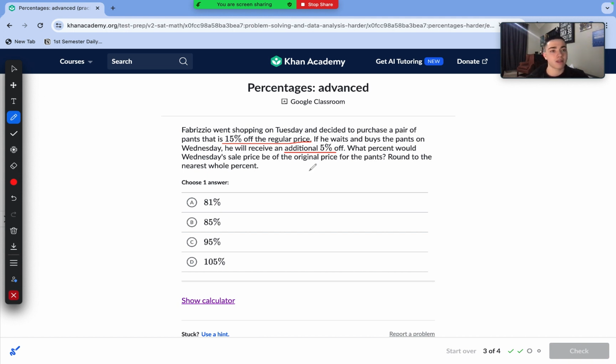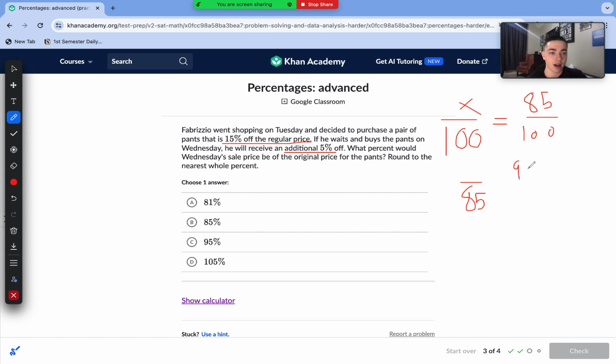So here it's best that we assume that the pair of pants is $100. If the pair of pants is $100 and it's 15% off, 100 is the whole, and our part is going to be 15% off, or 85% of, over 100. We can clearly see X is just going to be 85. So now we have 85, and then we're going to take 5% off of this.